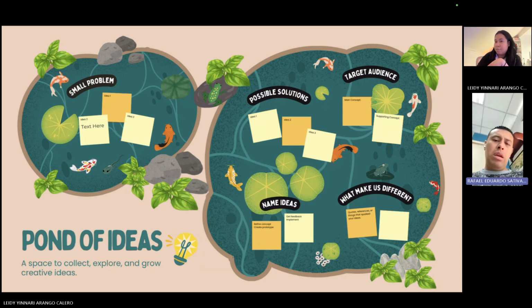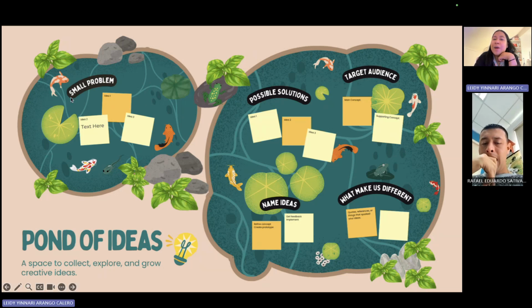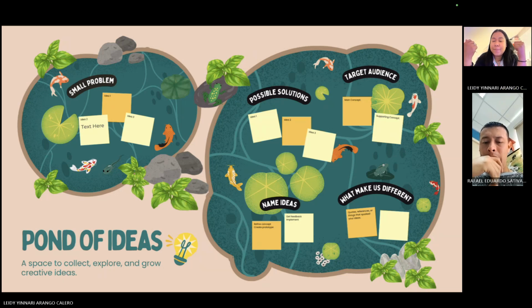No, teacher, I don't understand. Okay. First of all, we have the first pound, that is this one. And we need to identify or think of one small problem. It could be anything, not specific.